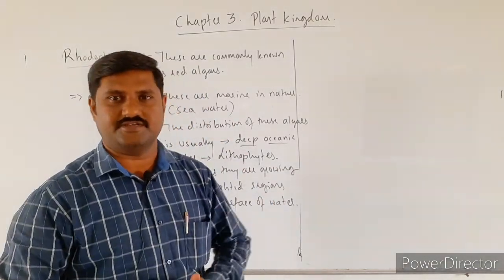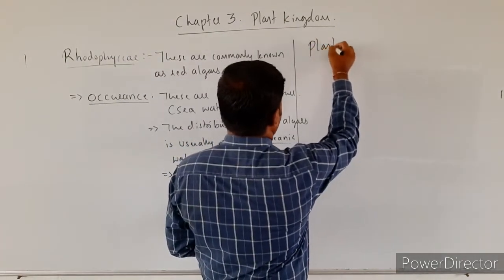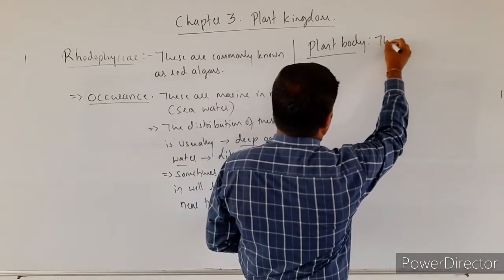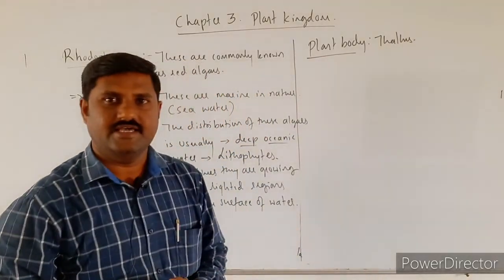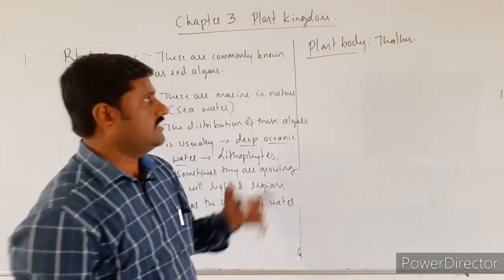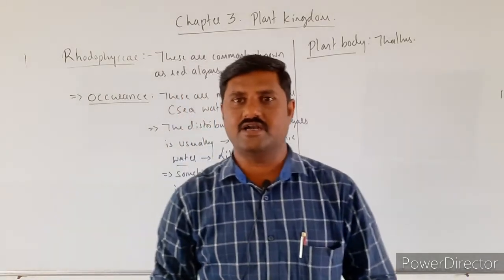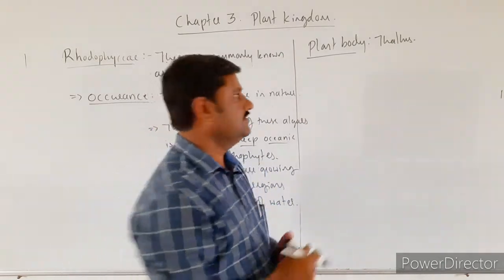And the next characteristic feature is plant body. How is the plant body? Already we know this is thallus usually, right? And here the thallus organization extends from unicellular to pseudoparenchymatous, right?